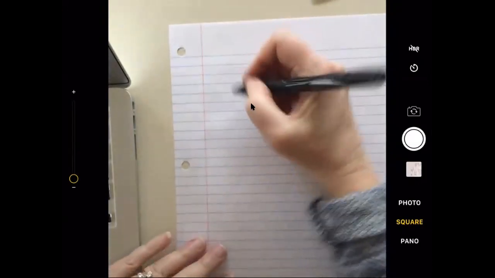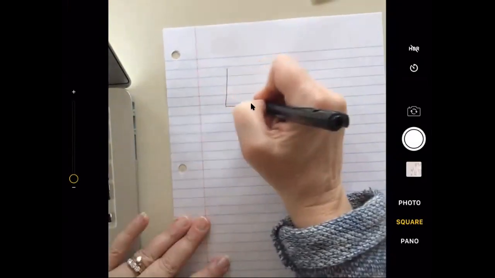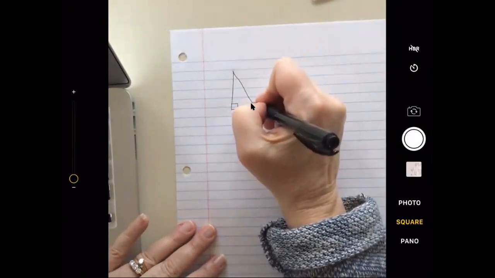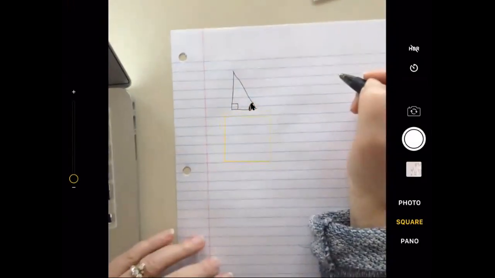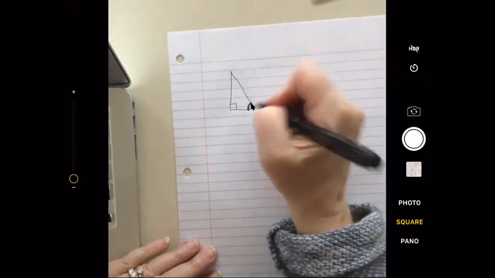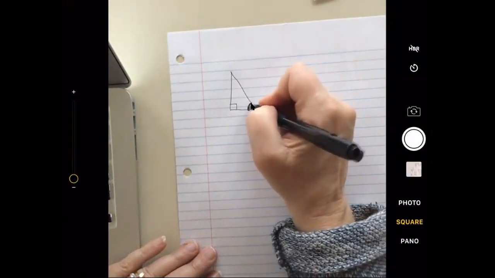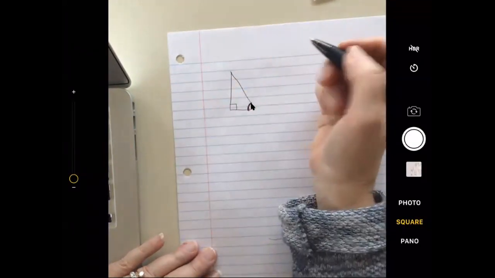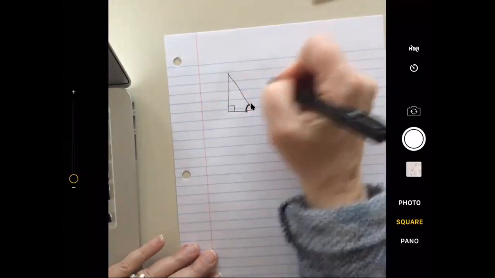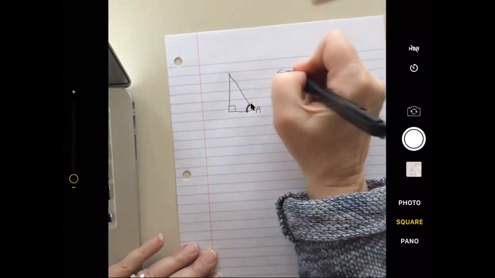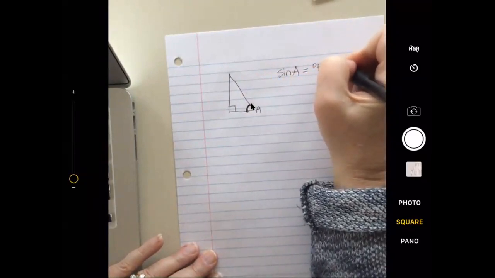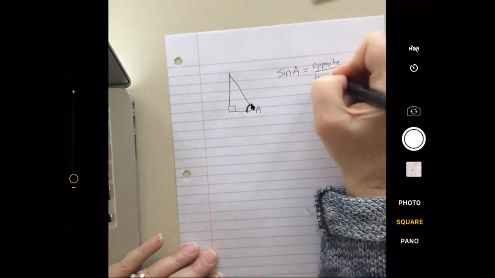After doing the problems over and over again, somebody came up with what those ratios are, and those are called trig ratios. If we're talking about a specific angle in a right triangle, the opposite side over the hypotenuse we'll call the sine of that angle. So the sine of angle A is the opposite side divided by the hypotenuse.